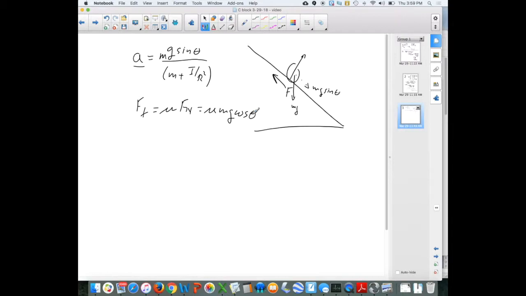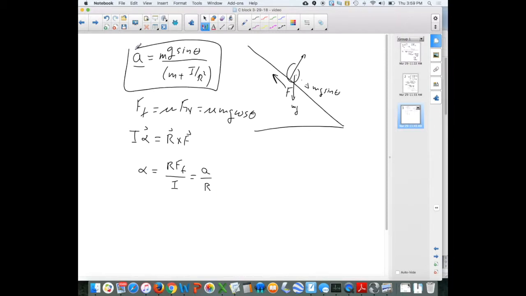And going back, remember we said that I alpha is equal to R cross F, which gave us that alpha is equal to R times force of friction divided by I, and angular acceleration is a over R. I can take this acceleration, plug it in, and come up with a value for the force of friction.